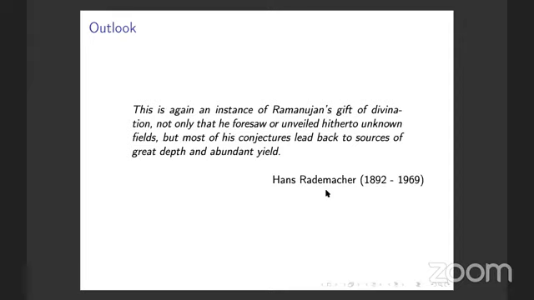Not only that he foresaw or unveiled hitherto unknown fields, but most of his conjectures lead back to sources of great depth and abundant yield. And we are continuing to witness that to this day, and I feel we'll continue to witness this for many years in the future. So thank you very much, and I'll be happy to take any questions that you might have.